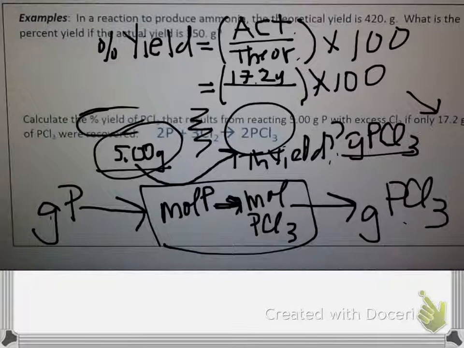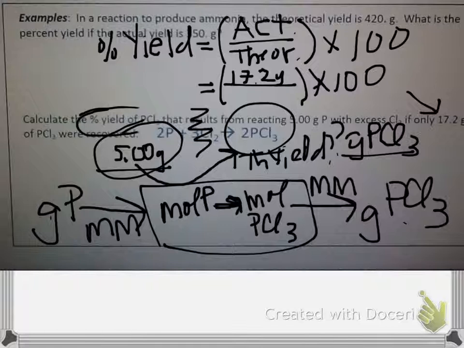I can convert grams to moles using molar mass, and from moles back to grams using molar mass. So now we need to come up with a molar mass, because this isn't given to us in this problem. This is a big problem for us. We need everything that we've learned in this last chapter in order to solve it.